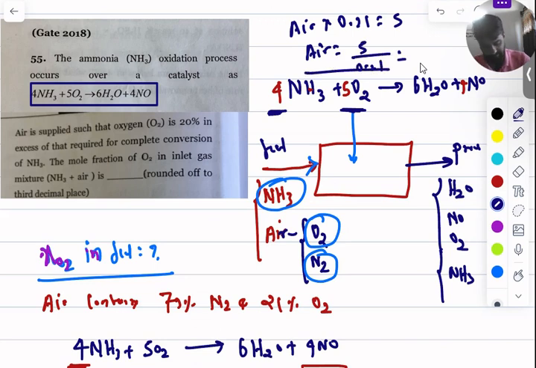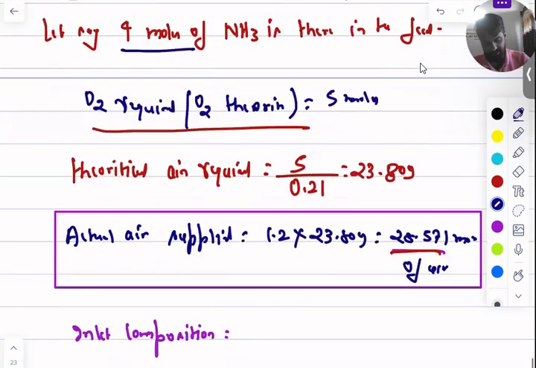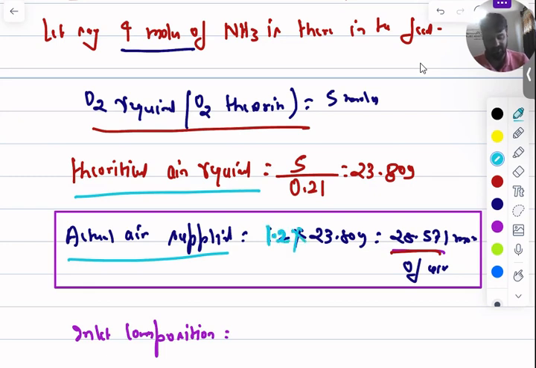So we have calculated number of moles of air, right? So actually, how much air is being supplied here? Theoretical air requirement was this, but they have told you that 20% extra air is being supplied, which contains oxygen that will give the complete combustion. That's why we are doing this particular calculation.